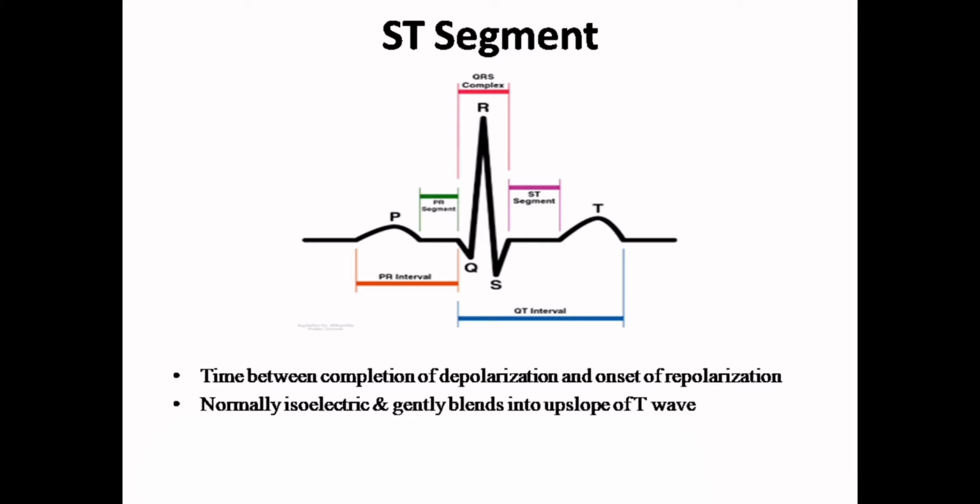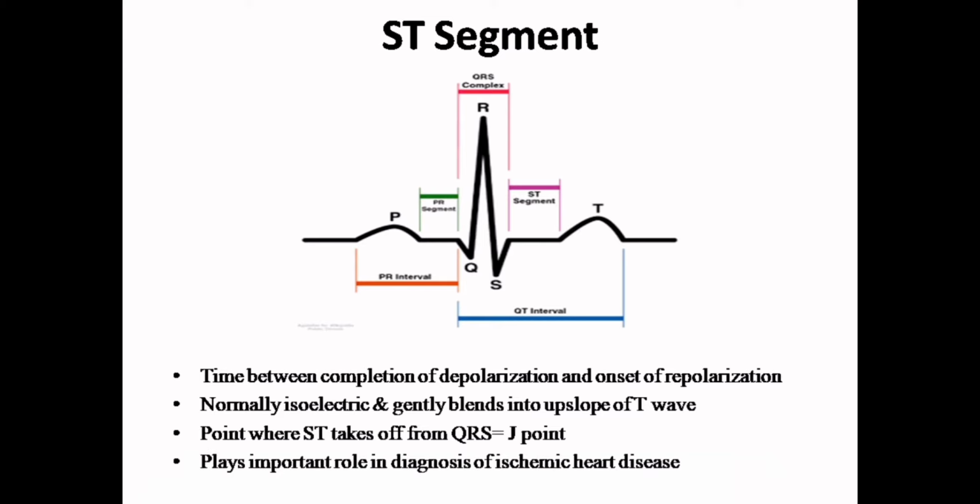So this may not be seen as a flat wave. Sometimes from here itself we may get a slow movement of T wave. So point where ST takes off from QRS is called as J point and plays important role in diagnosis of ischemic heart disease. So this ST segment plays an important role in the diagnosis of ischemic heart disease.